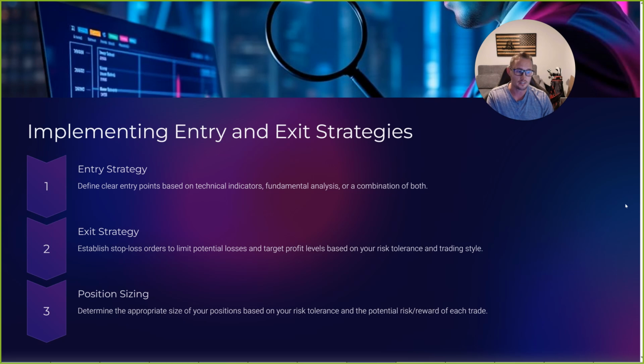Then, once again, this is the most important stuff. This is literally the bread and butter. You need to have your entry on point. Define clear entry points. What has to happen? Do you trade off the indicators? Is it daily levels? Is it fibs? Is it a combination of everything? What shows you that your exit needs to be at this level?